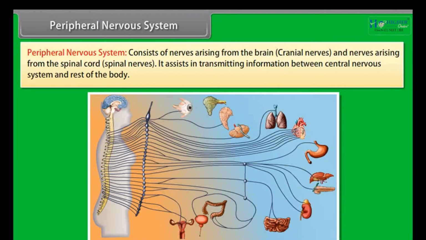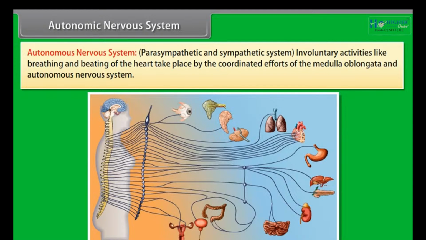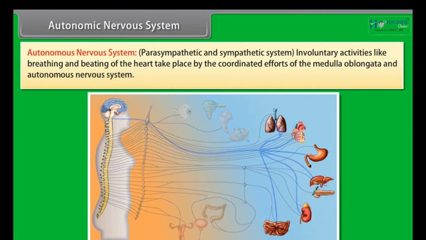It assists in transmitting information between the central nervous system and the rest of the body. Autonomic nervous system. Parasympathetic and sympathetic system. Involuntary activities like breathing and beating of heart take place by the coordinated efforts of the medulla oblongata and autonomic nervous system.